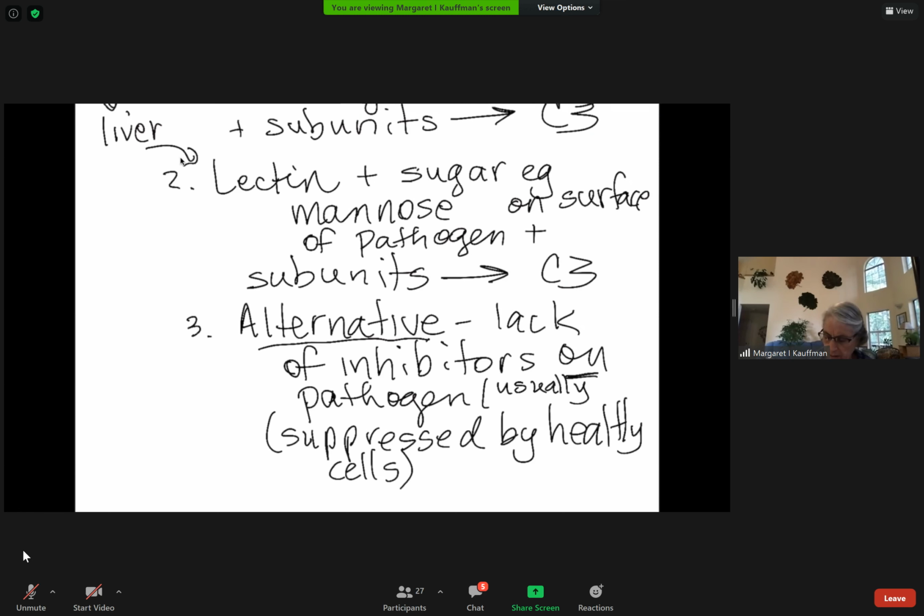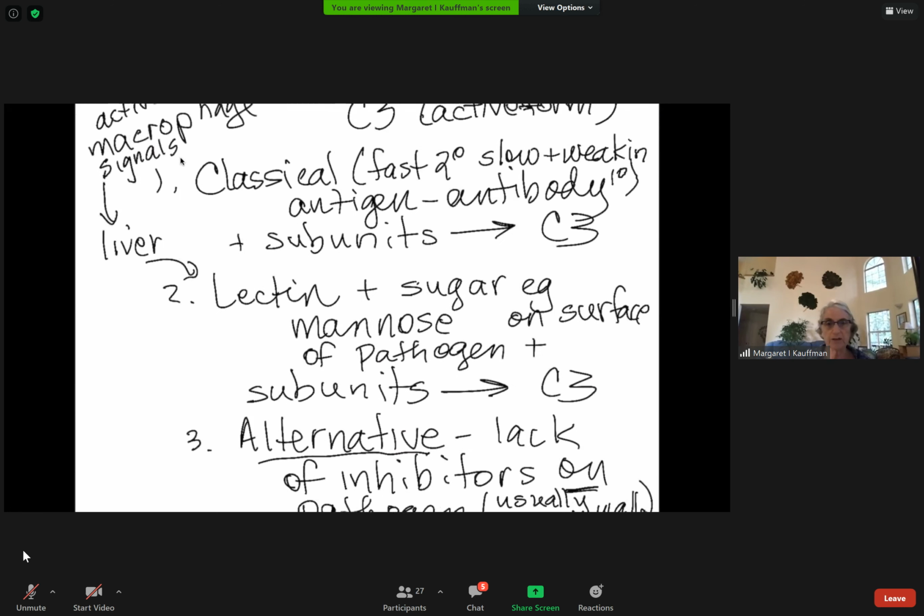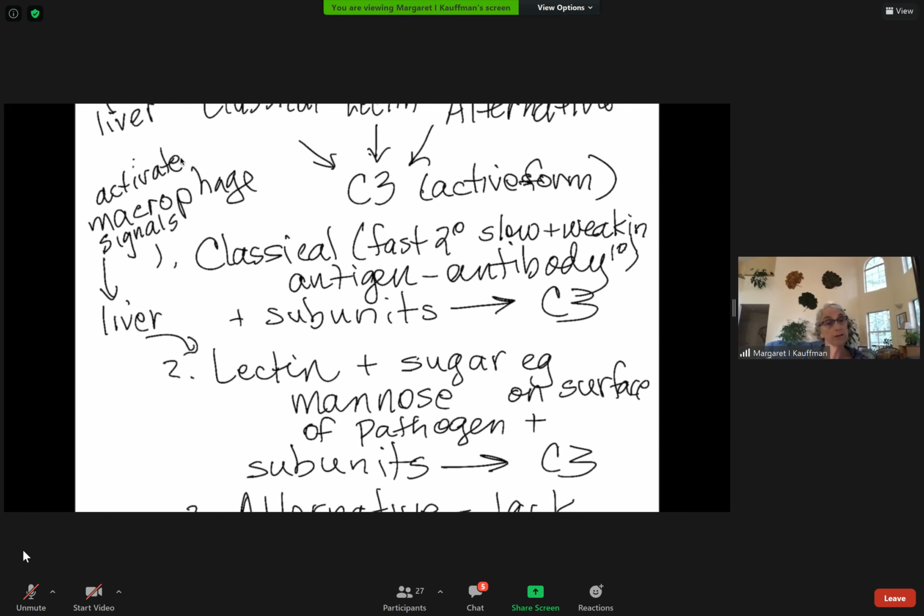So this is the way at least I learned it. It's kind of limited to organisms that have cell walls, so fungi and bacteria that have cell walls. So something like a virus wouldn't be able to activate the alternative pathway, and it wouldn't be able to get the lectin pathway, but the classical pathway could do it.